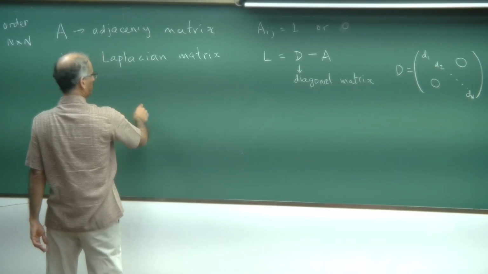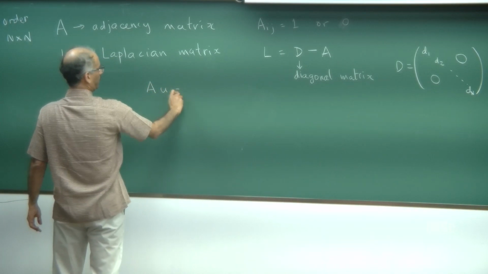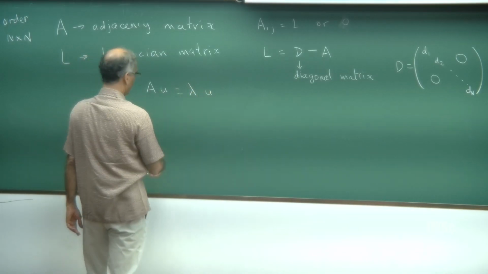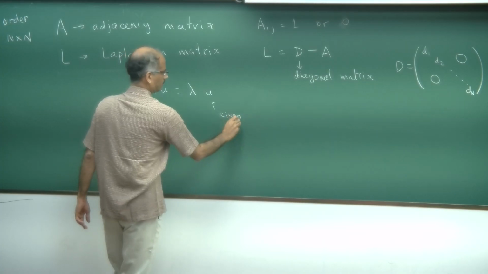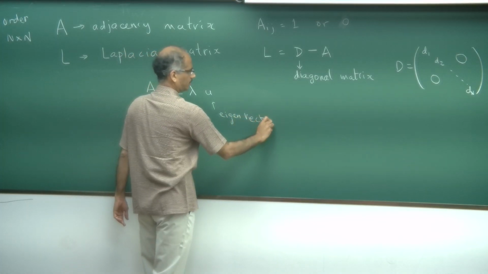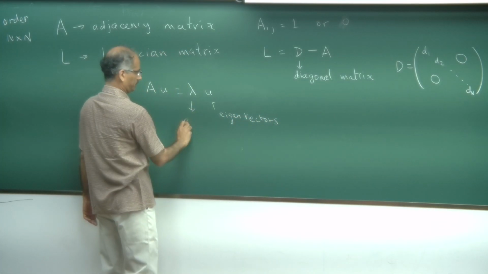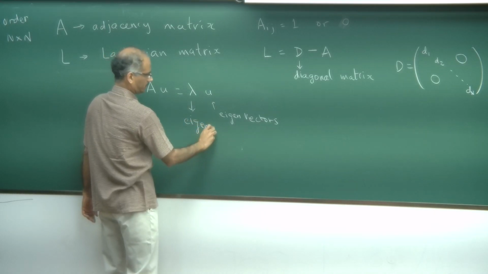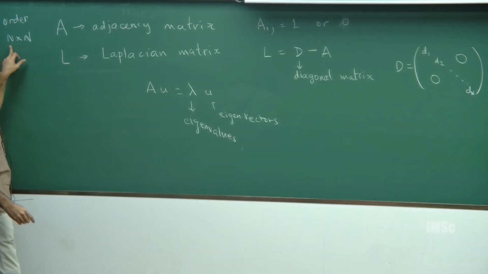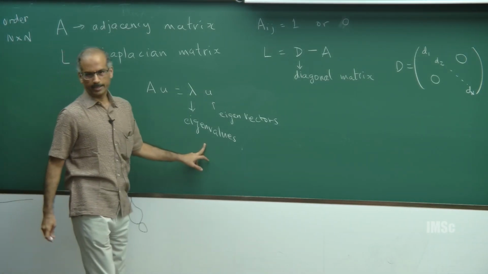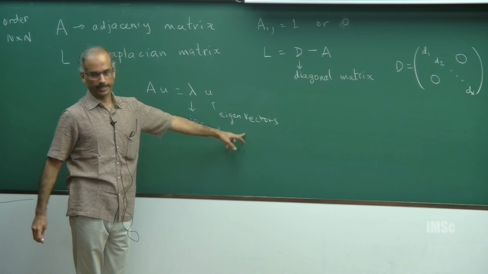So the object of interest is something like this: Au = lambda u. These are the eigenvectors and these are the eigenvalues. By now all of you would know that if A is an n by n matrix, there will be n eigenvalues and n eigenvectors.